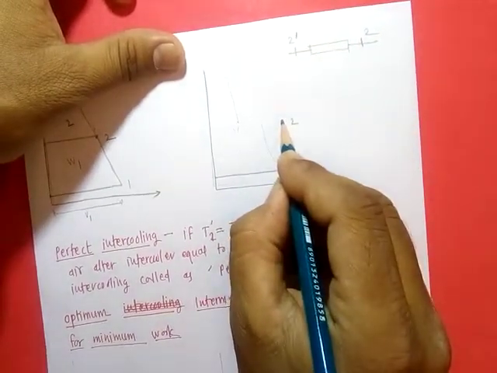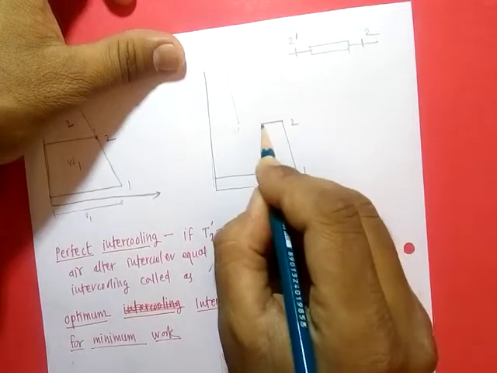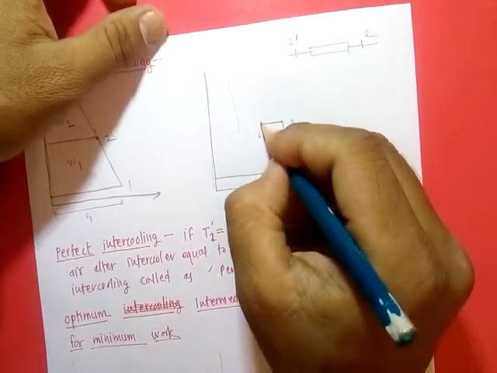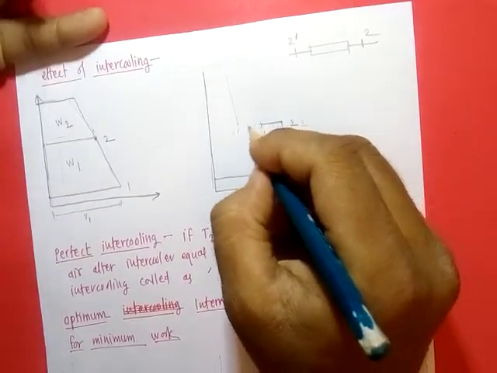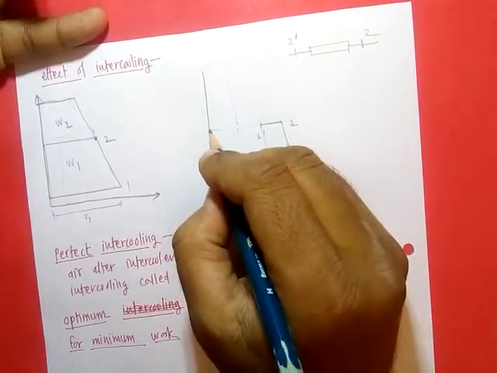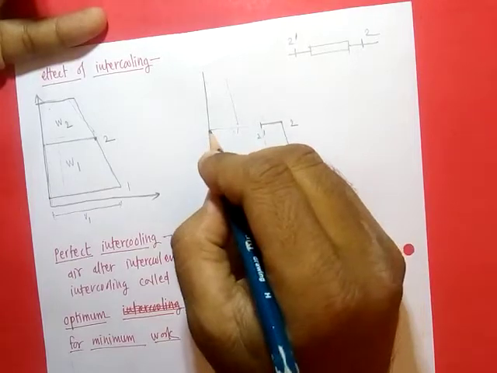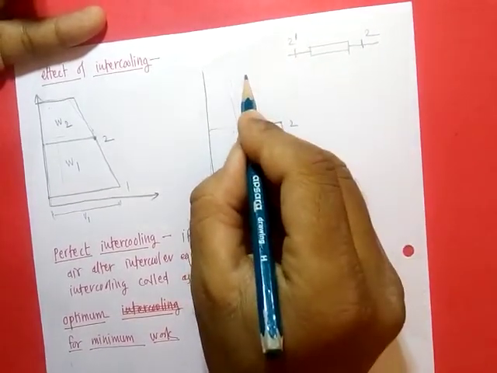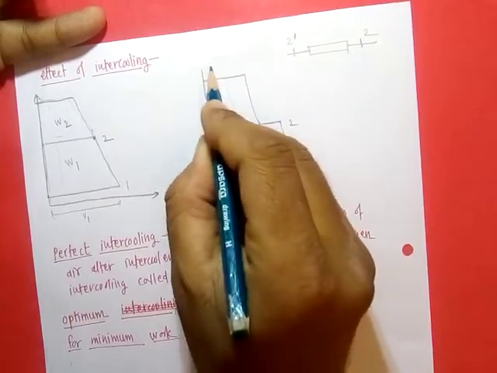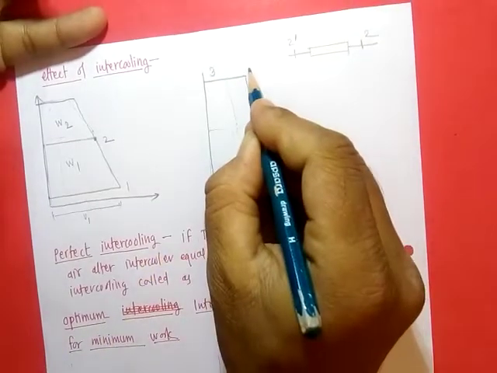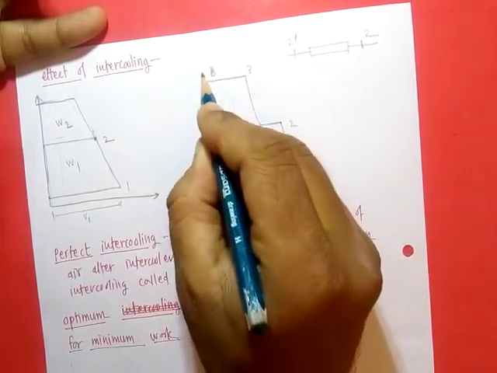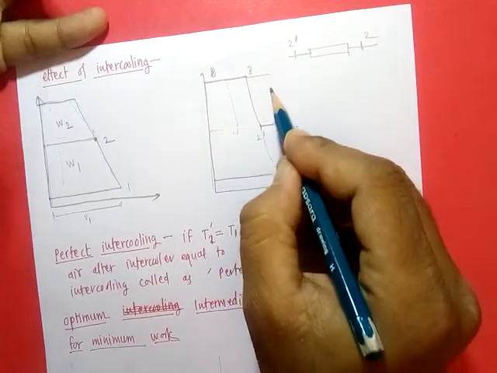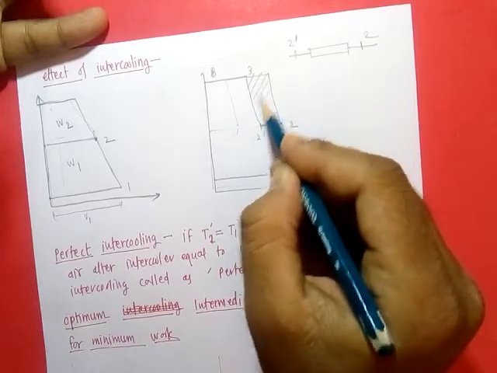That means at constant pressure there is cooling up to point 2 dash, and after this it is passed to the second stage compressor, and delivered there. Then after this point it is compressed to delivery pressure P3. So here there is a saving of this area.